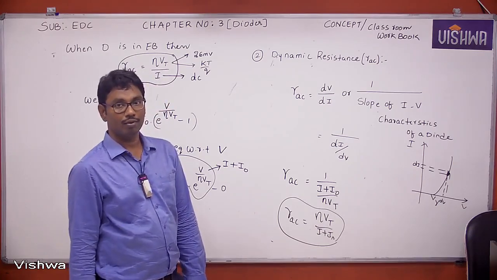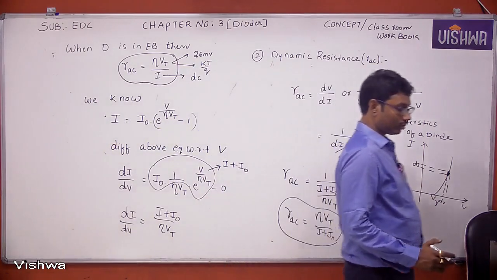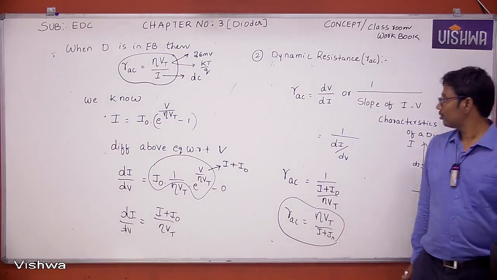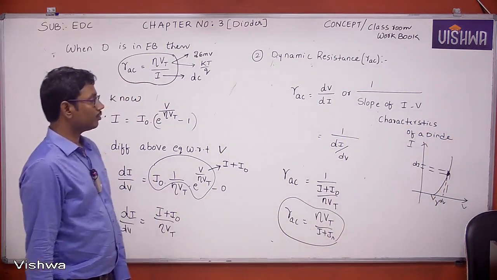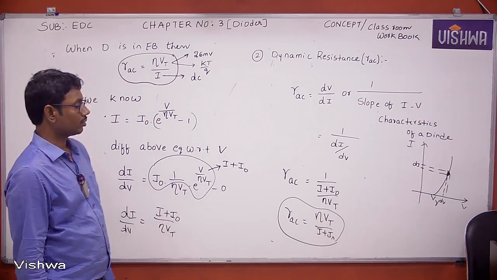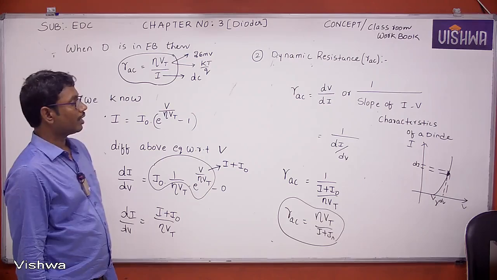Or it is the reciprocal of slope of IV characteristics of a diode.